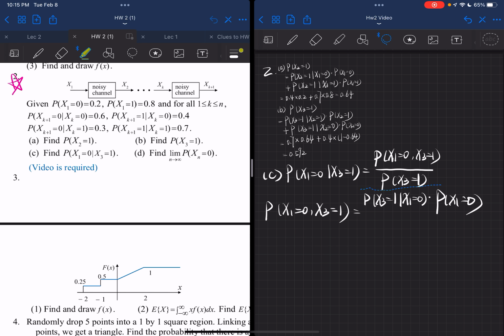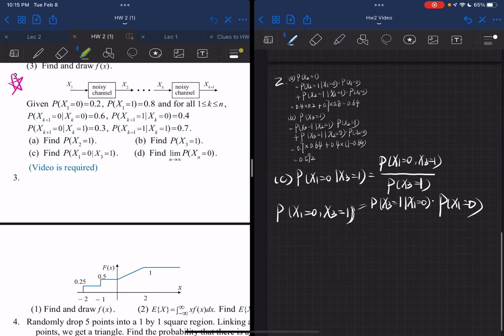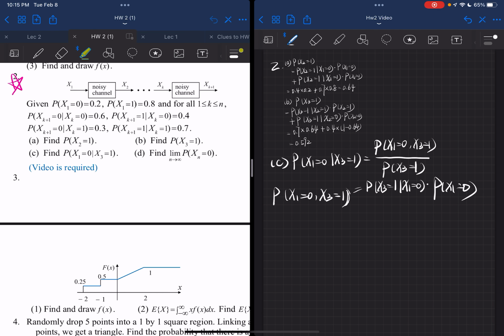We have already calculated the probability of x1 equals 0 in part A. So we just need to calculate the probability of x3 equals 1 under the condition that x1 equals 0. We only need to calculate this part.